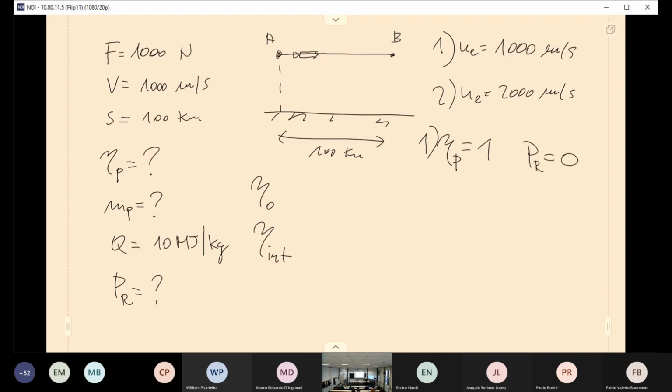So let's look at the second case, where we have a ratio between the flight speed and the specific impulse, nu equal to V over UE, and in this case is 0.5.